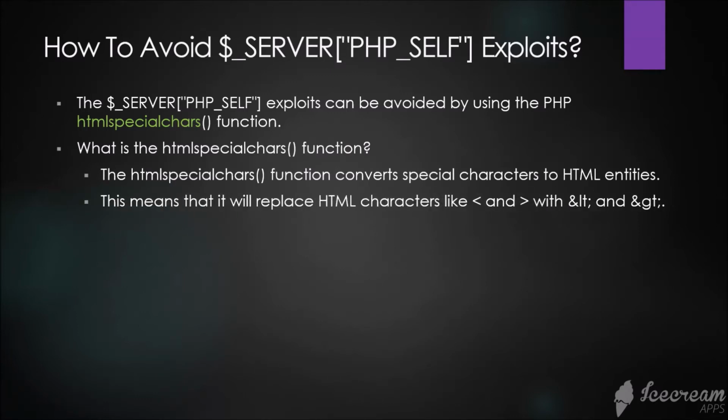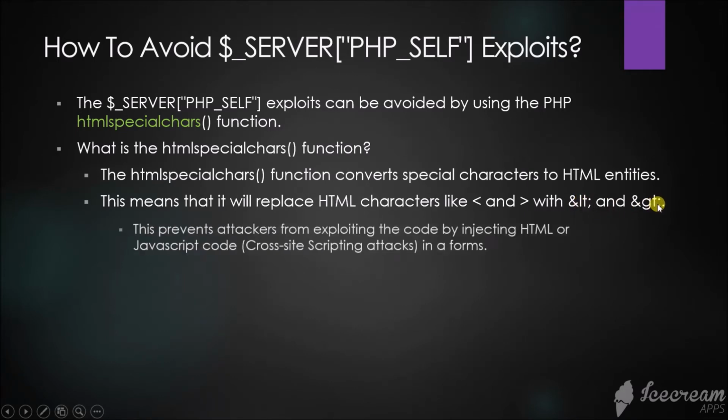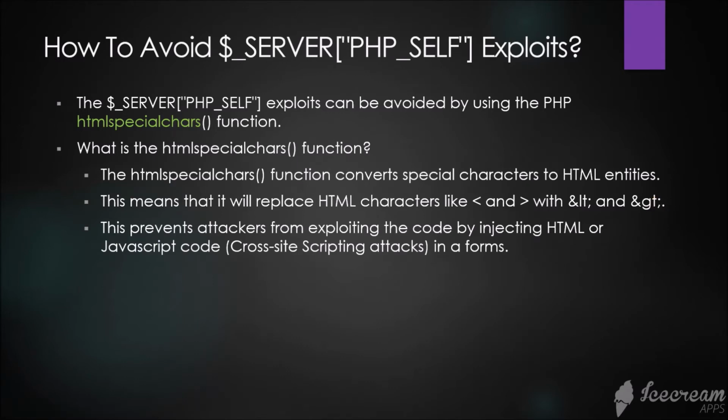This means that it will replace the HTML characters like less than and greater than with the ampersand lt or less than and ampersand gt or greater than. So this prevents the attackers from exploiting the code by injecting HTML or JavaScript code or the cross-site scripting attacks in a form.